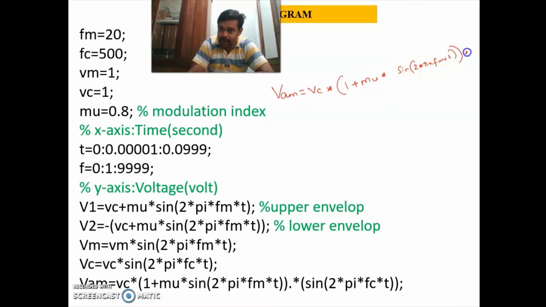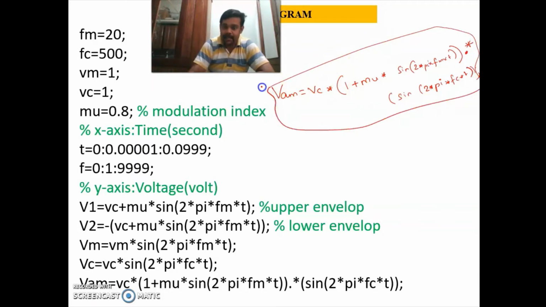Here you have to go for element by element multiplication, so put dot star, into sine 2 pi fc into t. Now you have defined the amplitude modulated signal.